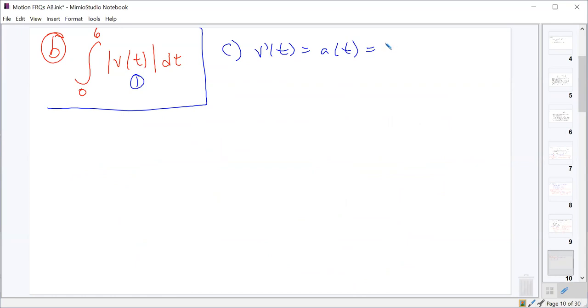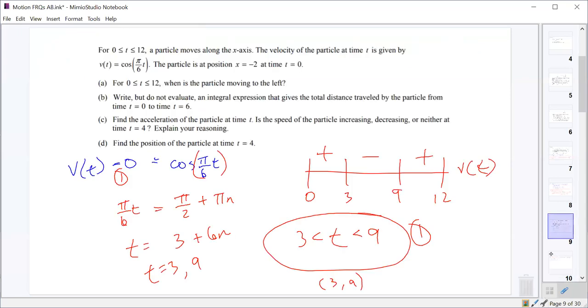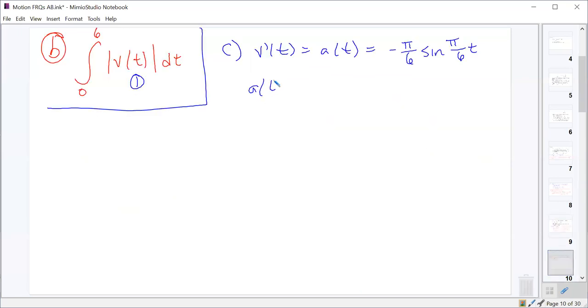So taking the derivative of that, it should become negative pi over 6 on the outside because of the chain rule, sine pi over 6t. And we were looking at the value at 4. So a of 4 is negative pi over 6 times the sine of 2 pi over 3, which is 4 pi over 6.